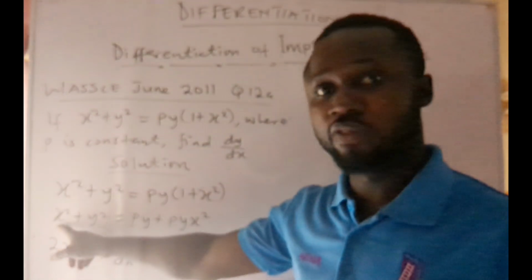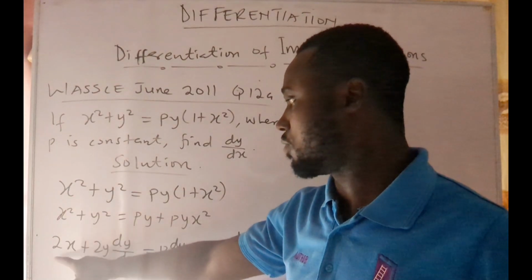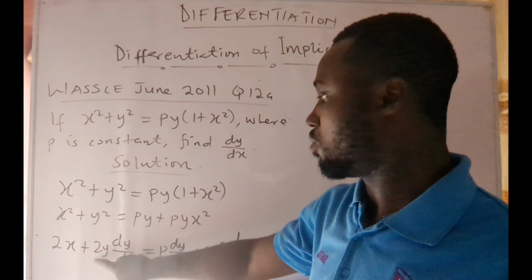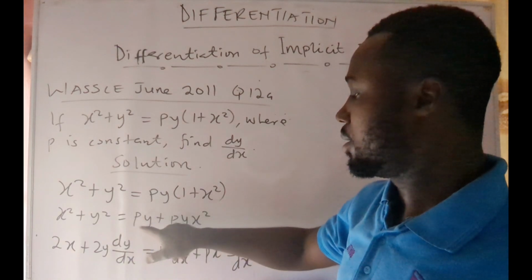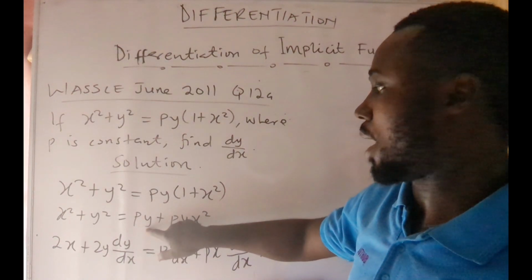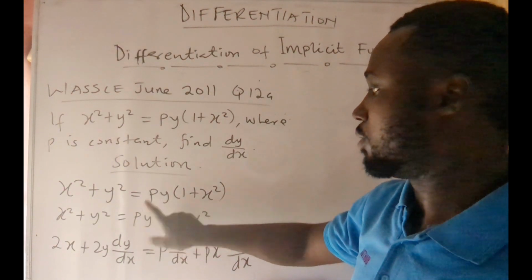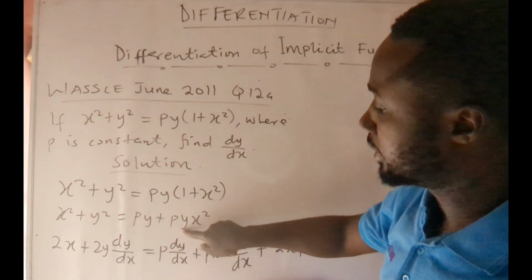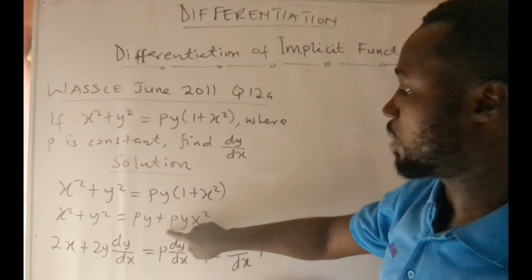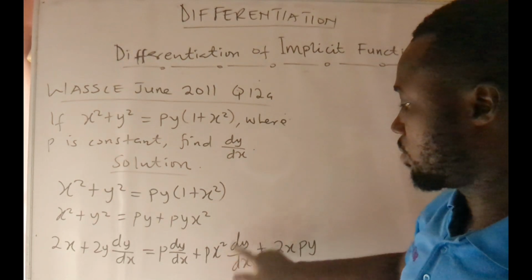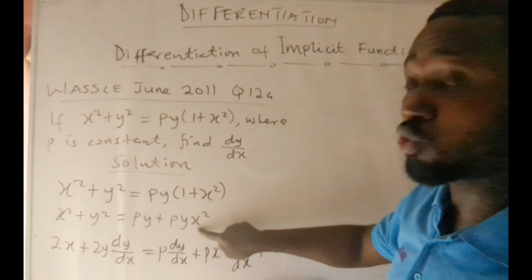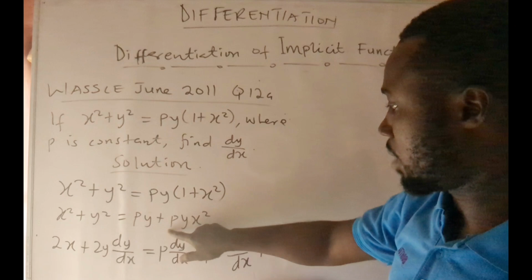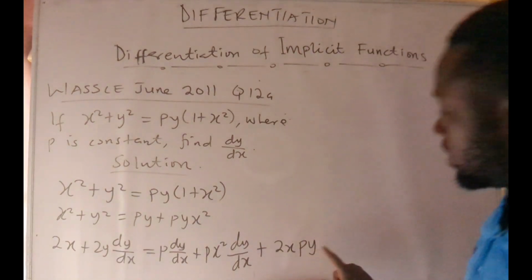When you differentiate x squared you get 2x, y squared gives 2y dy on dx. P is constant, so differentiate the y, which gives dy dx multiplied by p, plus you differentiate y, which is dy on dx, then multiply by p x squared, so p x squared dy on dx. Then you differentiate x squared, that is 2x, then multiply by py, so 2x py.